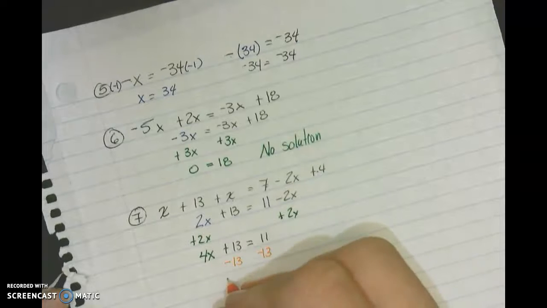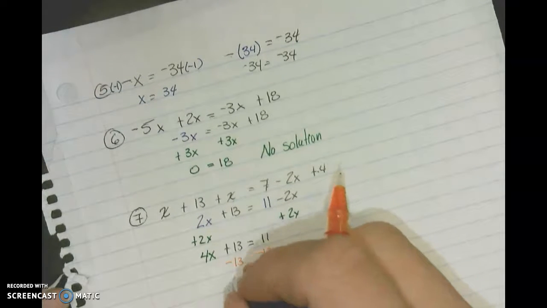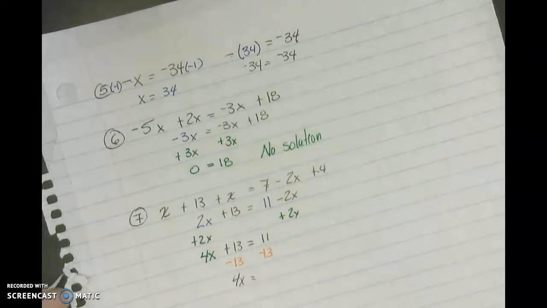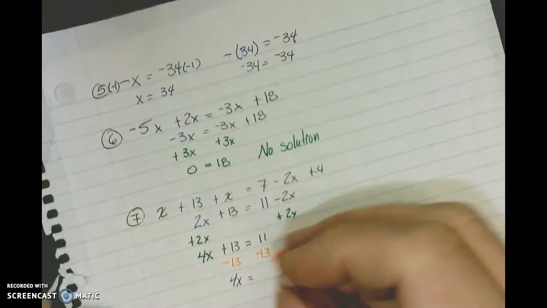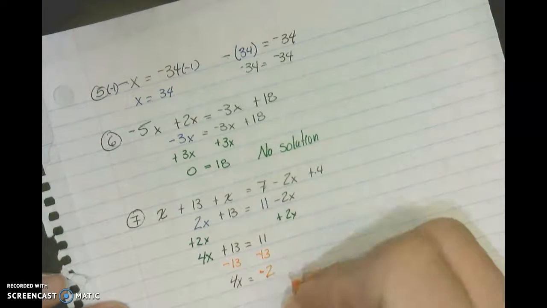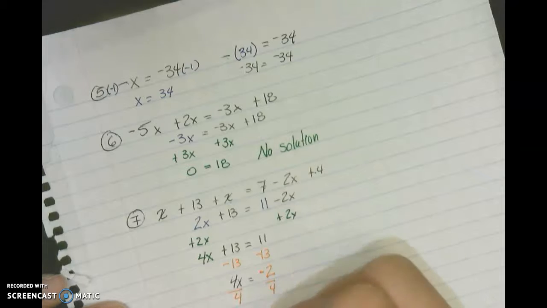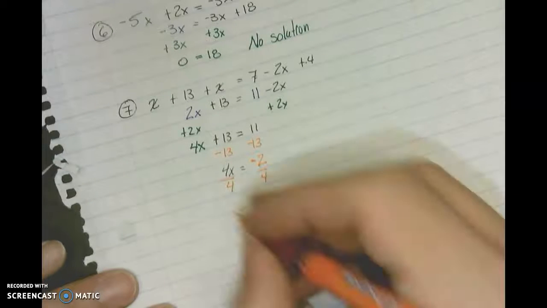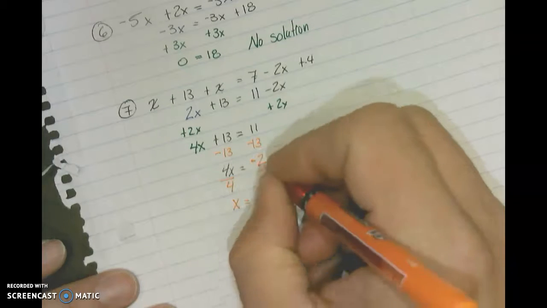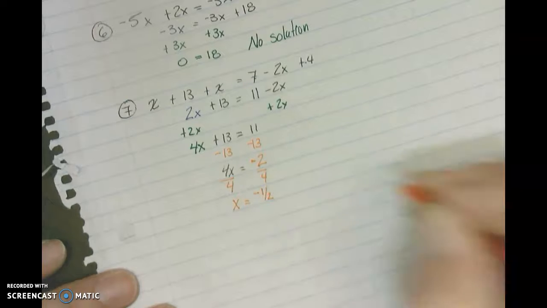So then I'm going to have 4x equals, well, let's see here, 11 minus 13, that's negative 2. So now divide by 4, and we get that x is equal to negative 1/2.